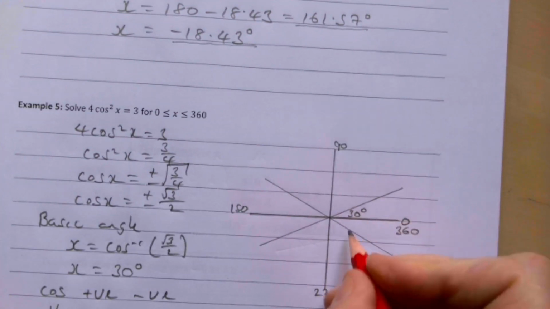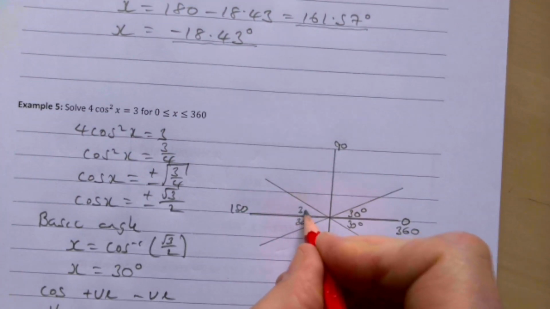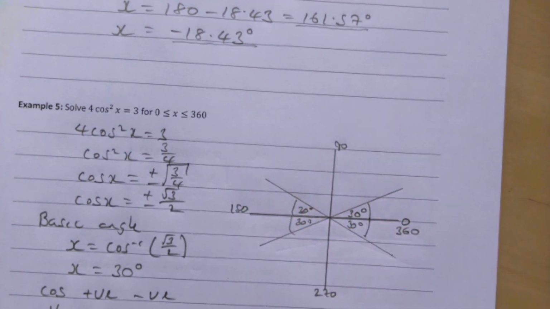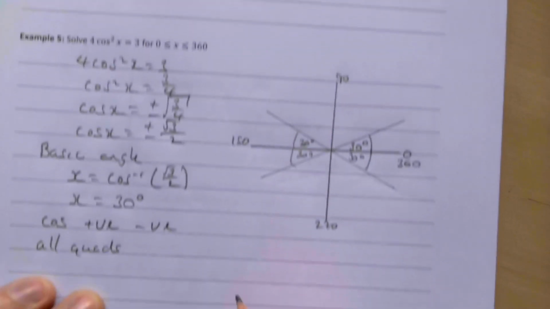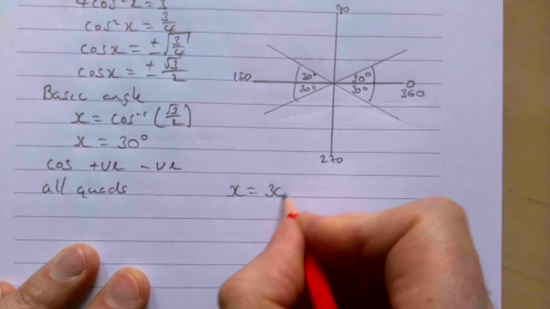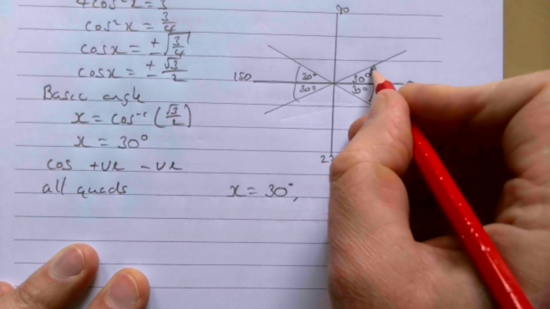These are all 30s. So that means I'm going to have x equals 30 degrees, so that'll be that one.